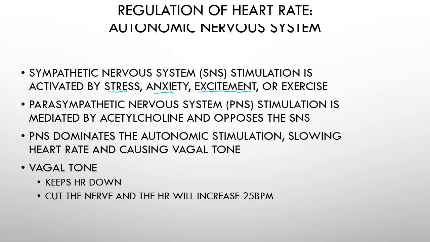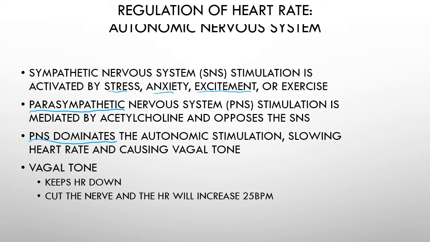The parasympathetic side is always going to be working against the sympathetic nervous system, and so it's always going to be opposing it and trying to keep it down. The majority of the time, we are under parasympathetic control. So our parasympathetic nervous system dominates the autonomic regulation of the heart itself. It's keeping the heart rate lower.